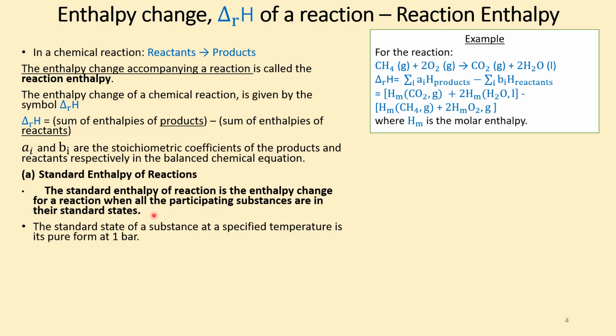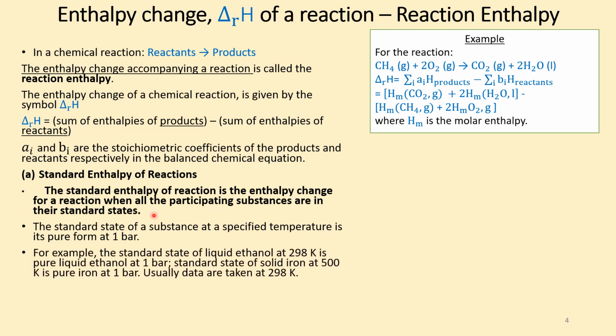The standard state of a substance at a specified temperature is its pure form at 1 bar. For example, the standard state of liquid ethanol at 298 Kelvin is pure liquid ethanol at 1 bar. The standard state of solid iron at 500 Kelvin is pure iron at 1 bar.